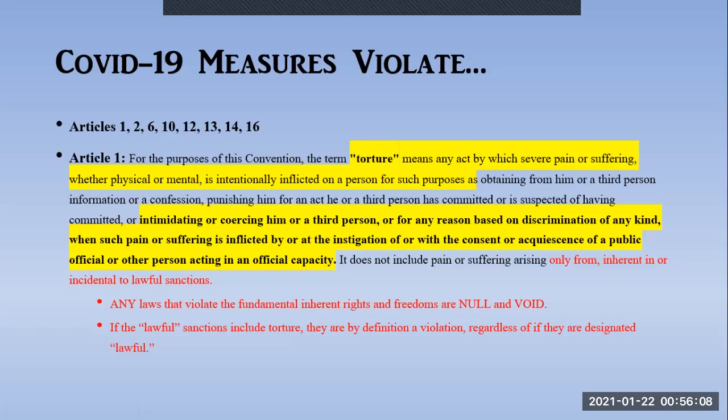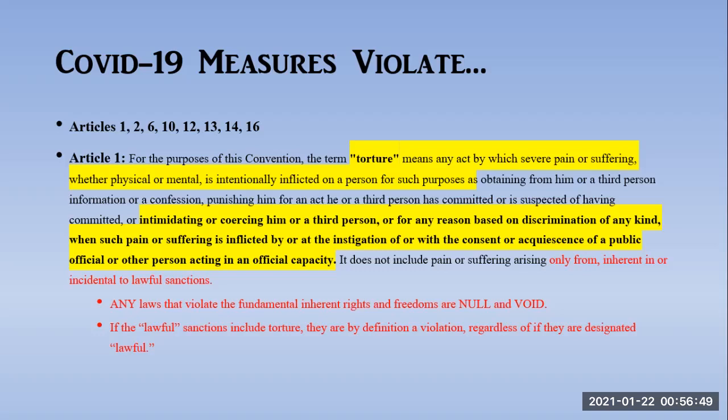Article 1 states that for the purposes of this convention, the term torture means any act by which severe pain or suffering, whether physical or mental, is intentionally inflicted on a person for such purposes as intimidating or coercing him or a third person, or for any reason based on discrimination of any kind, when such pain or suffering is inflicted by or at the instigation of or with consent or acquiescence of a public official or other person acting in an official capacity. Now, it also ends with it does not include pain or suffering arising only from, inherent in, or incidental to lawful sanctions.